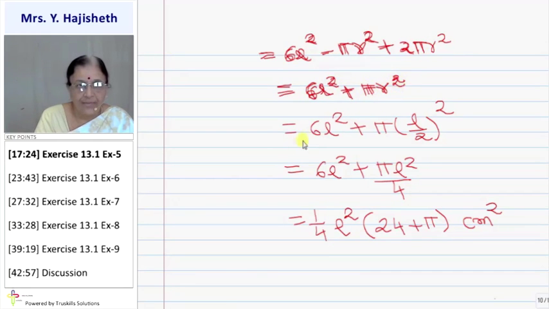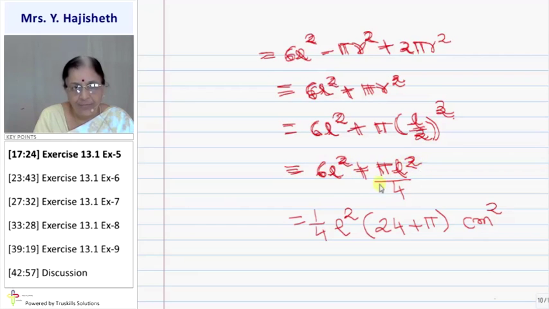Clear? 6L square will remain as 6L square, plus for r I should put L by 2 whole square. So what is the answer? 6L square plus pi L square by 4.